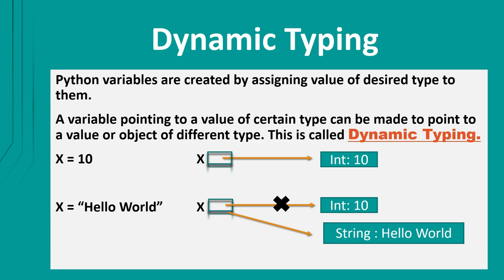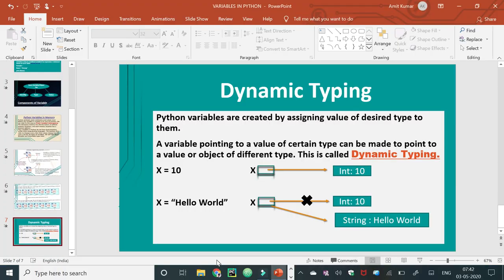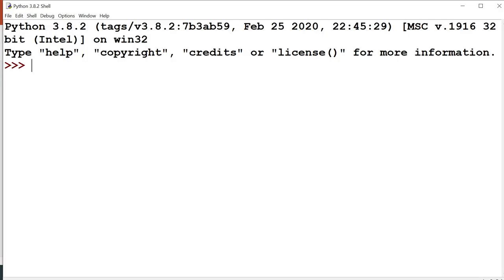Now we have a demonstration of how it behaves practically. Let's suppose I take one variable num1 holding the value 10, and another variable num2 holding the value 20.